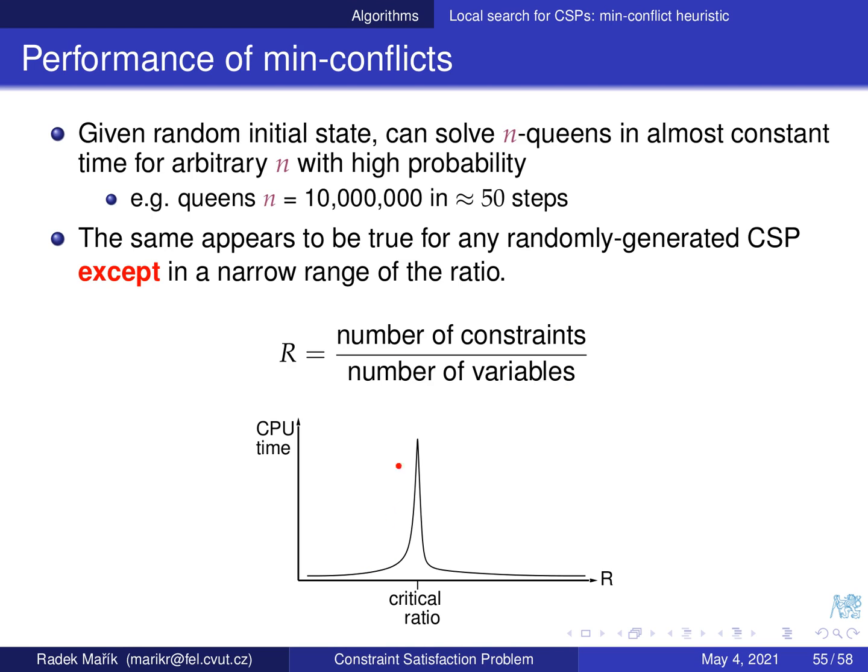Then this method has a so-called critical ratio that causes the CPU time to be much higher than expected in the rest of the problems. So it works mostly, but in some cases it fails.